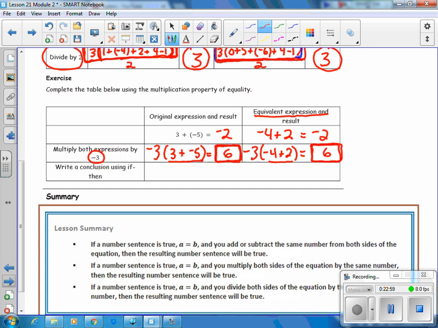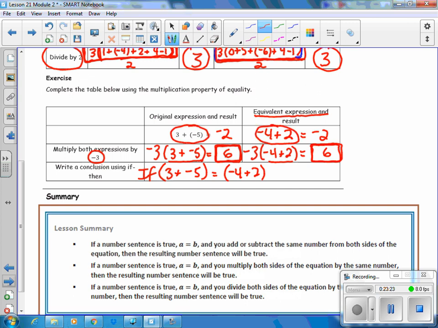Now, write a conclusion using an if-then statement. So, our if-then statement says that if 3 plus -5 is equal to -4 plus 2, and we know that it is. We proved it up here. They're both equal to each other.